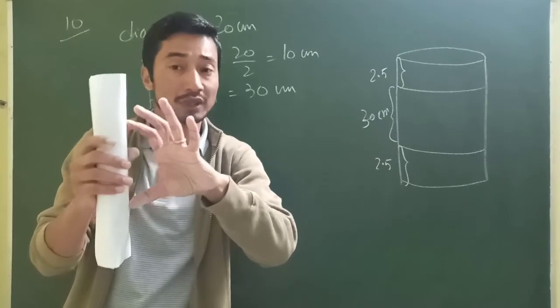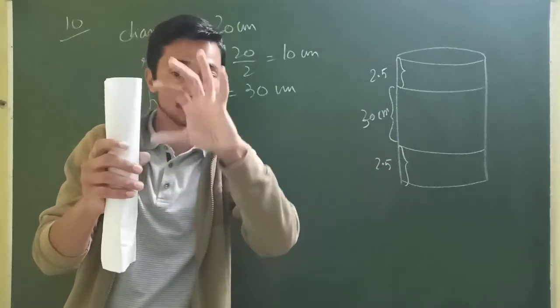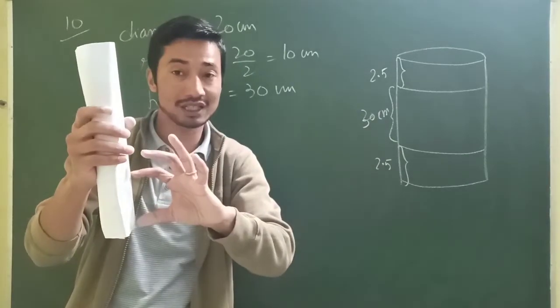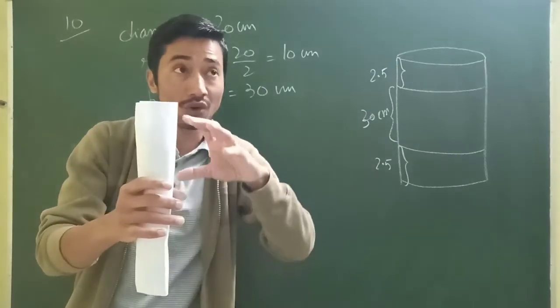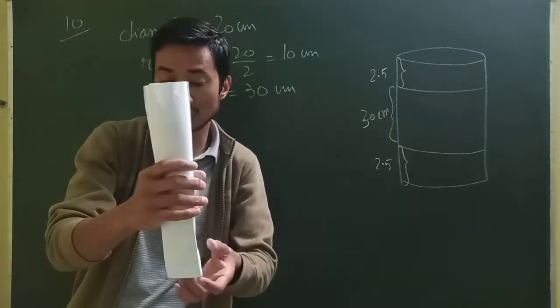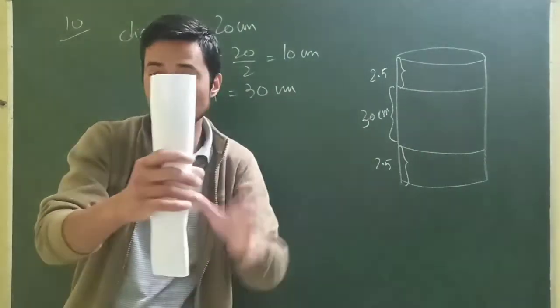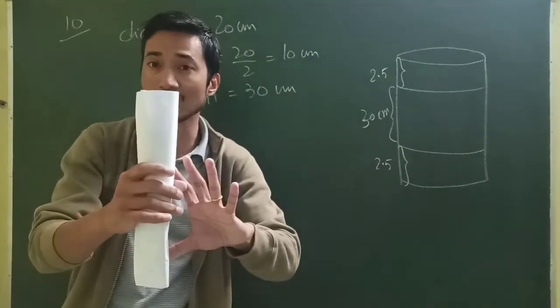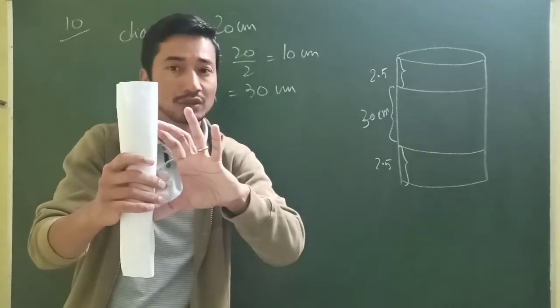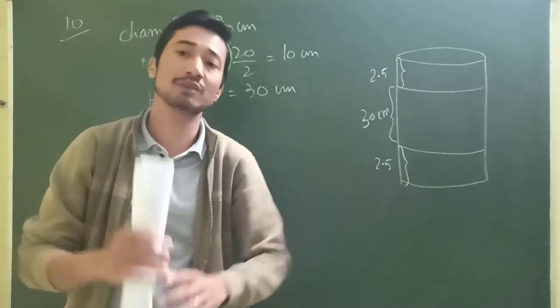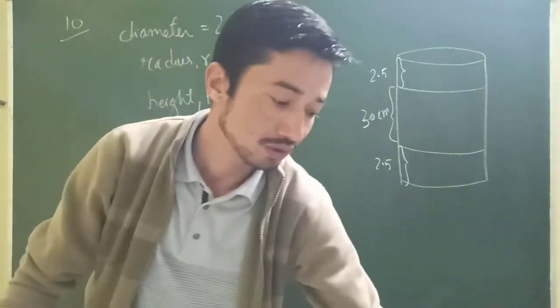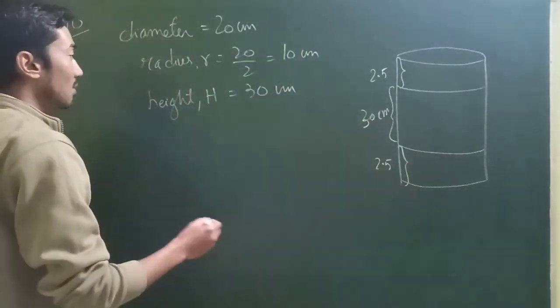This part, the middle frame, not the main part, this part is left for folding, this part is left for folding. But before I fold, if I look at the complete portion, it's a cylinder only. So if I just add the middle frame plus 2.5 plus 2.5, directly I think we can have the height. Okay, so let's try that and see what happens.